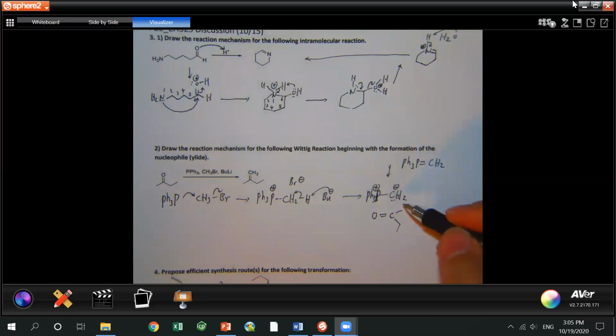The reason is that you have to make sure these two charges match: positive matches partial negative, and negative matches partial positive. Then the real nucleophile, this C minus, attacks the carbonyl carbon and opens the C=O bond.